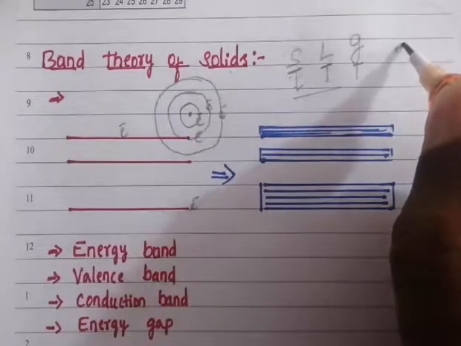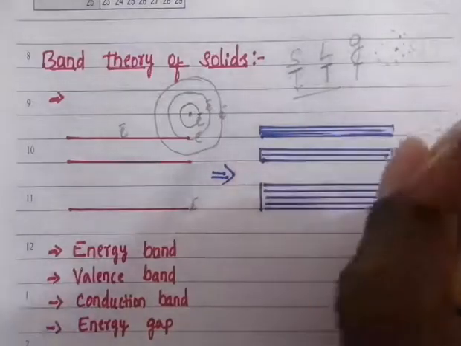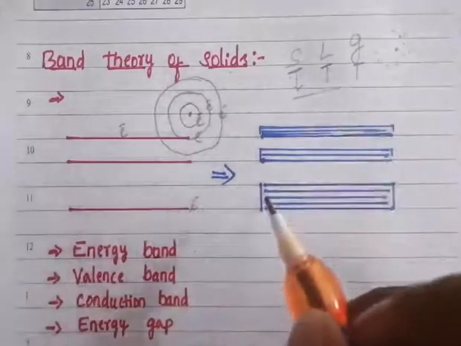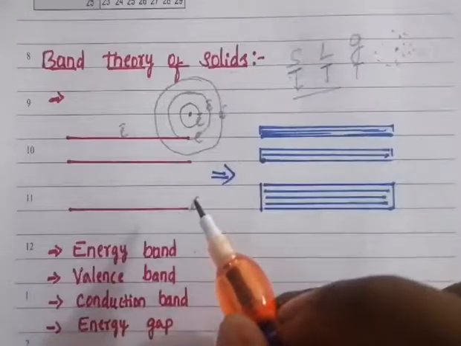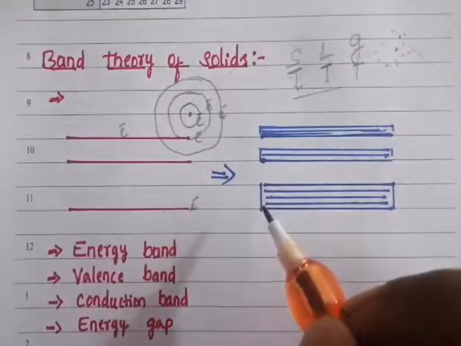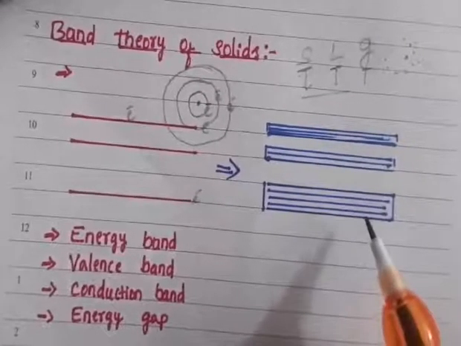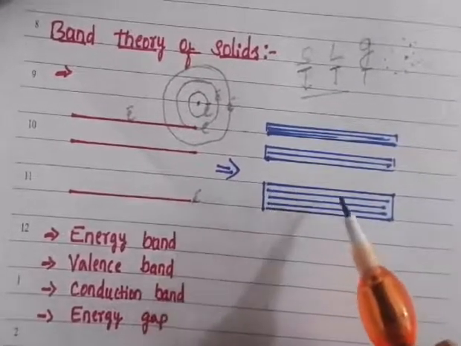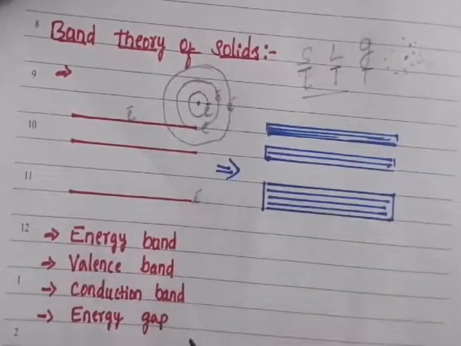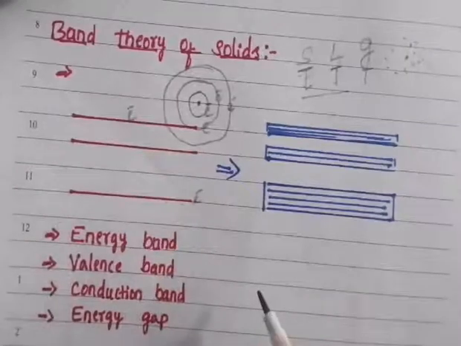The electrons of other atoms interact with each other, and as a result the energy values of all the electrons of the solid get modified and lie in a certain range, as shown in the figure. So this is about the band theory of solids.